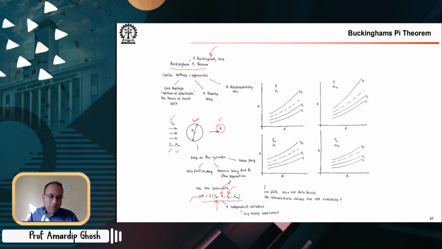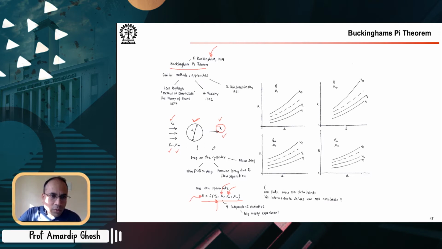Essentially, you have some physical argument. It's a scientific speculation that the drag force indicated by R here would depend on these independent variables v infinity, d, rho infinity, mu infinity. So essentially, we have 4 independent variables in this simple problem.